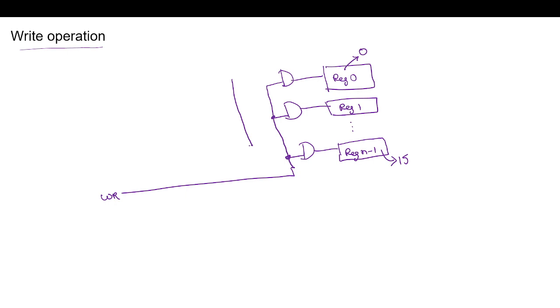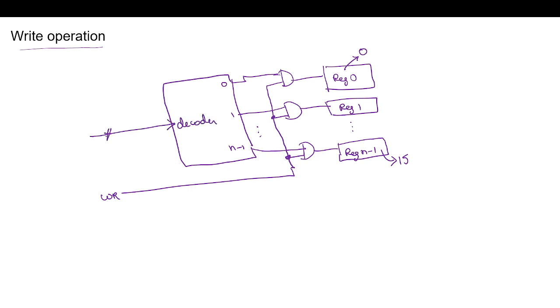And then we will have a decoder, with outputs 0, 1, up to n minus 1. This is our decoder, and we will have a 4-bit select input. So when writing, we will write the input to one of the registers.